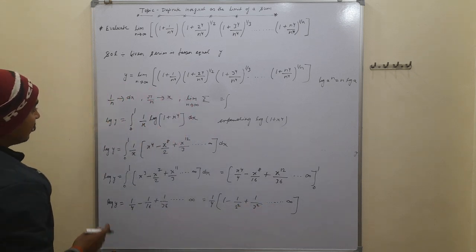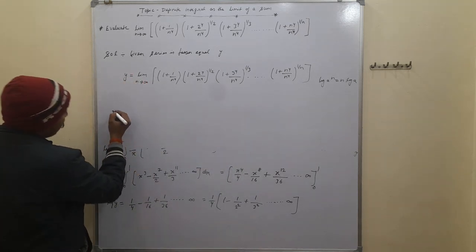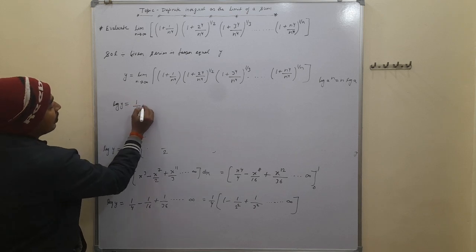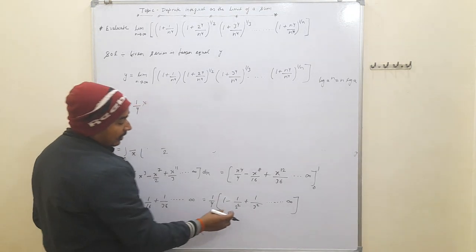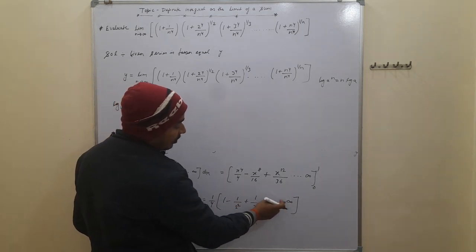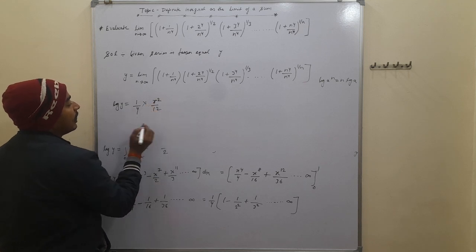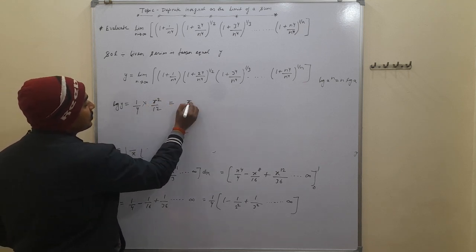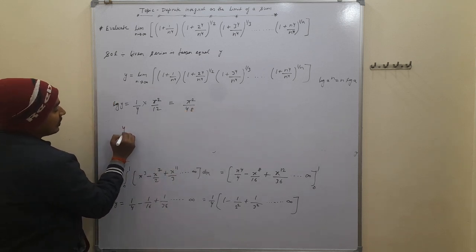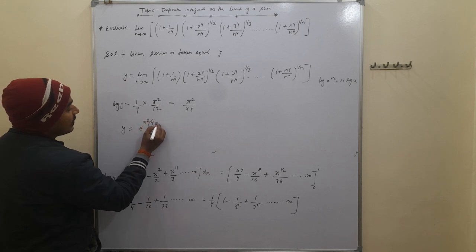This is equal to log y is equal to 1 by 4, and from trigonometry the series 1 minus 1 upon 2 square plus 1 upon 3 square dot dot dot infinity is given by pi square upon 12, and this is equal to pi square upon 48, and we have to find the value of y here, that is y is equal to e to the power of pi square upon 48.